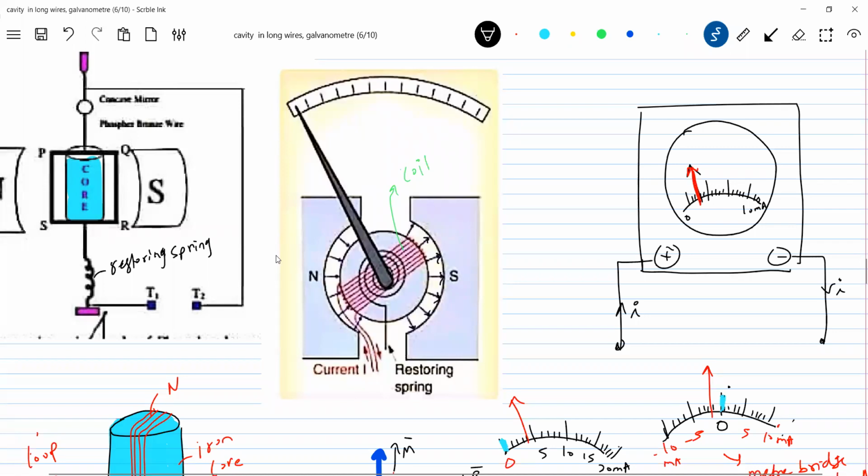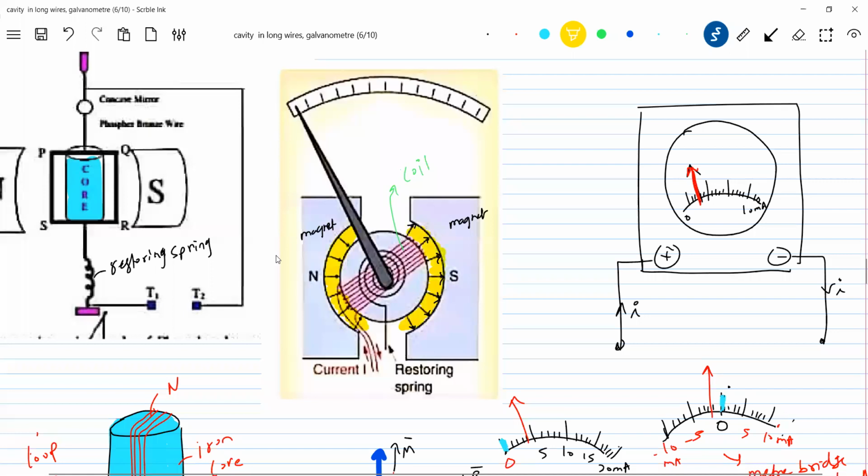So who will produce the magnetic field? These magnets. This is the magnet. Instead of a bar magnet, the pole pieces are curved, and a uniform air gap is maintained between the core and the magnet. Look at the field, how it is radial.